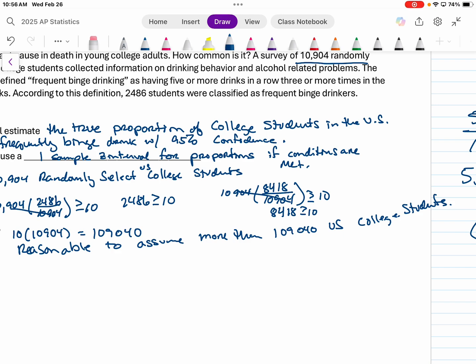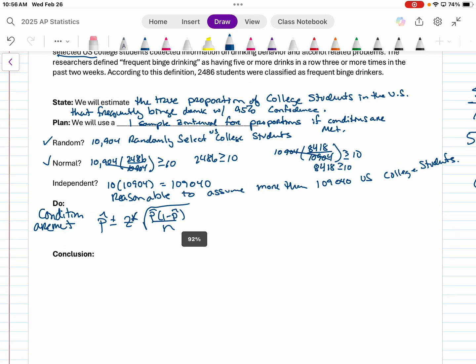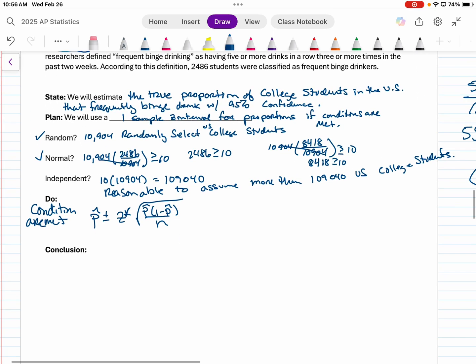All right. So the conditions are met. So again, now we get to go ahead and do our p hat stuff. p hat plus or minus our z star times the square root of p hat times 1 minus p hat over n. So we know what our p hat is.